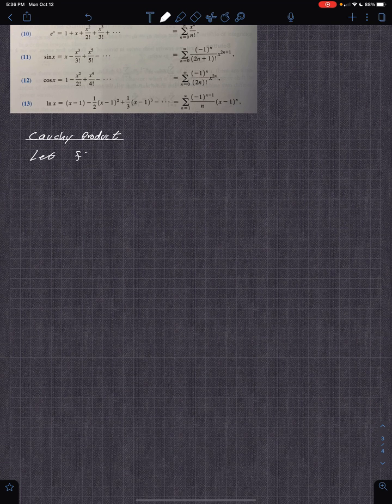So we're going to let f of x equal the sum as n goes from 0 approaching infinity, a sub n, x minus x naught to the n, and g of x is the sum n is 0 to infinity, b sub n, x minus x naught to the n.